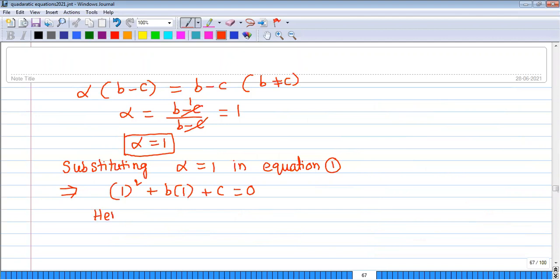Hence b plus c plus 1 equals 0. This is the condition.